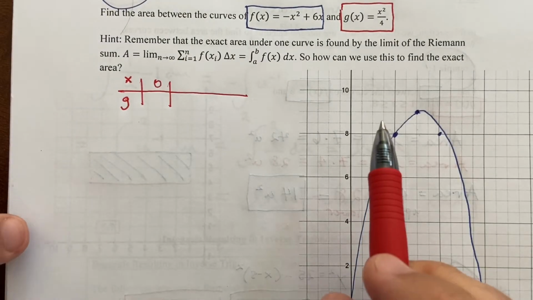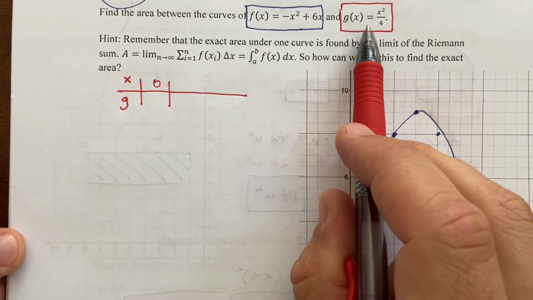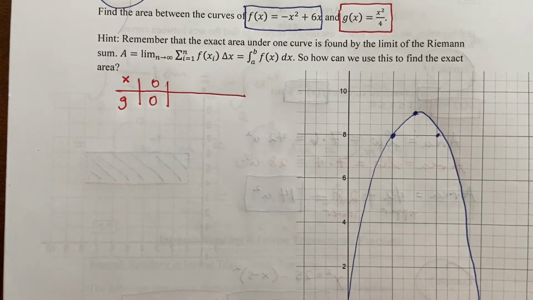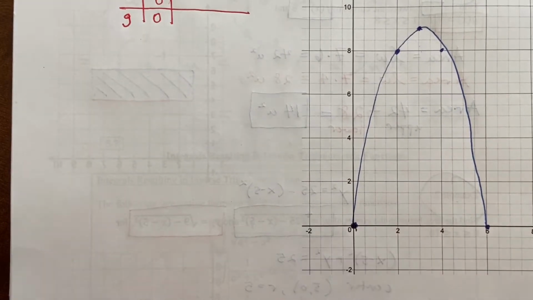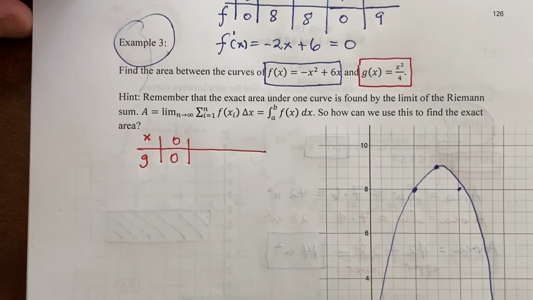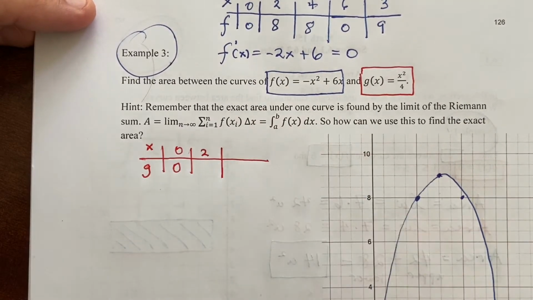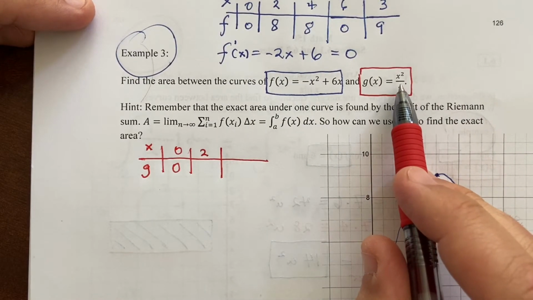So at 0, plug in a 0 and we get a 0. So I'm just further darkening that point. At 2, plug in a 2, we get a 1.